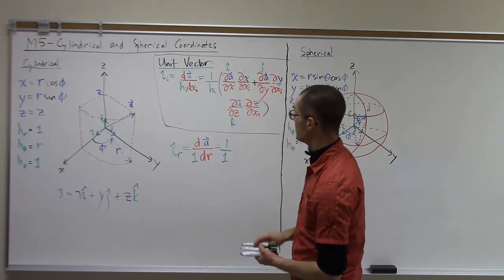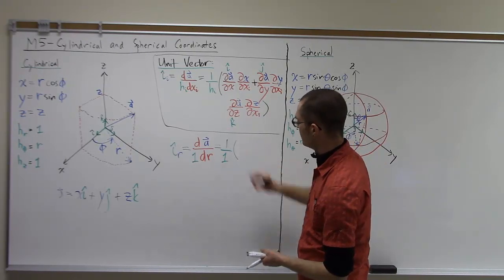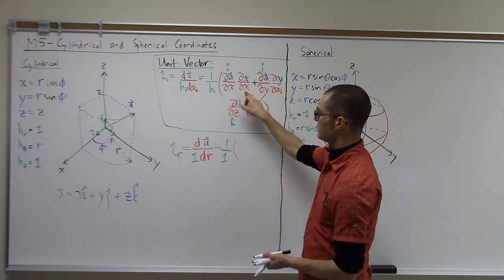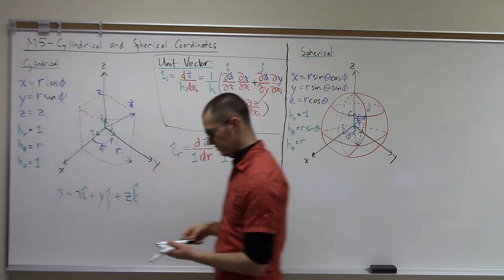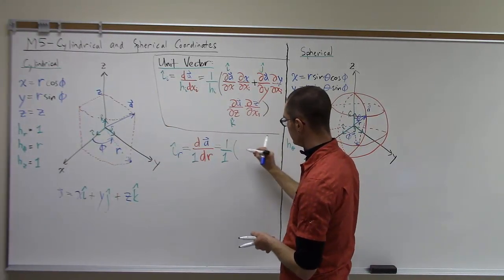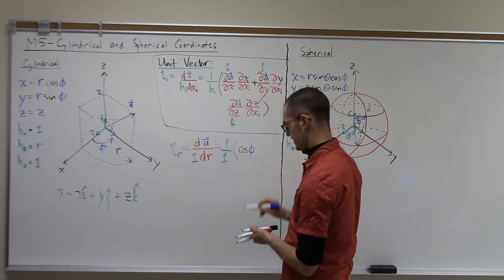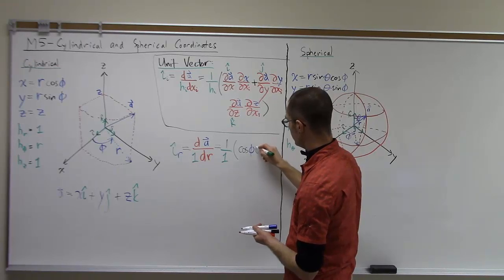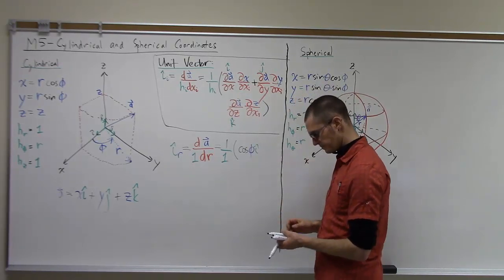This is my hr. And then in brackets, I'm going to have dx by dr, which is cos phi. So I'm going to have cosine of phi times i, because i is dA by dx.